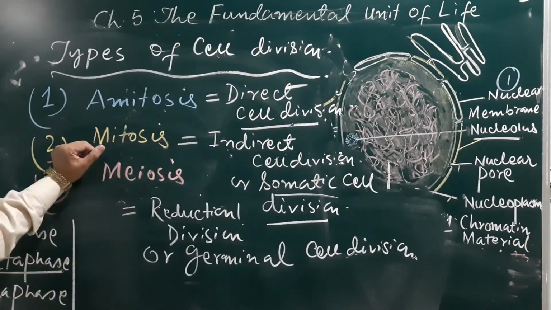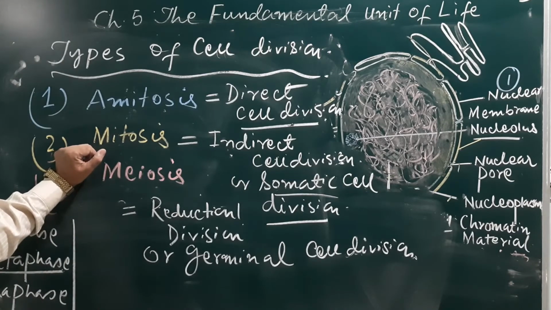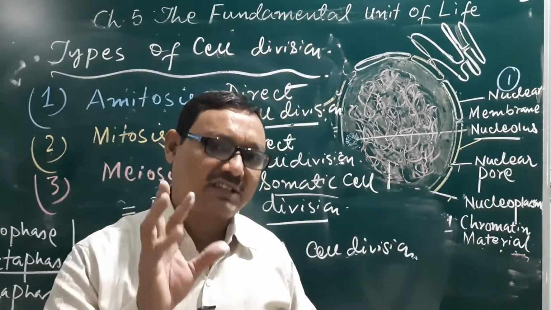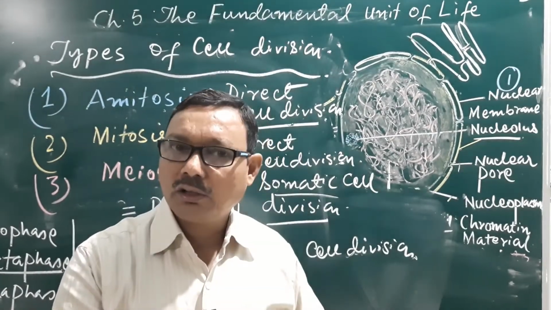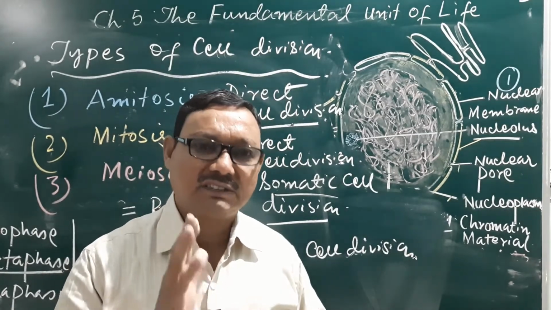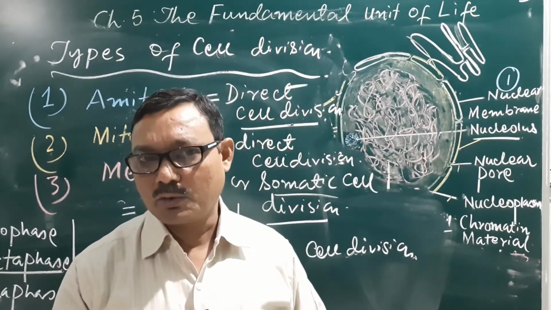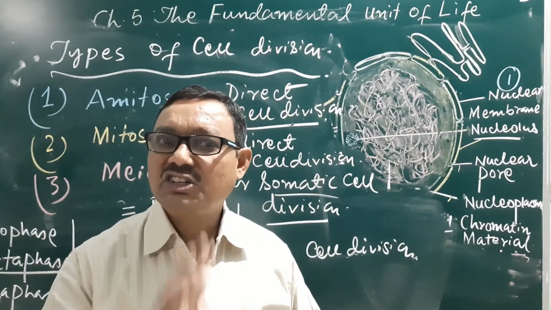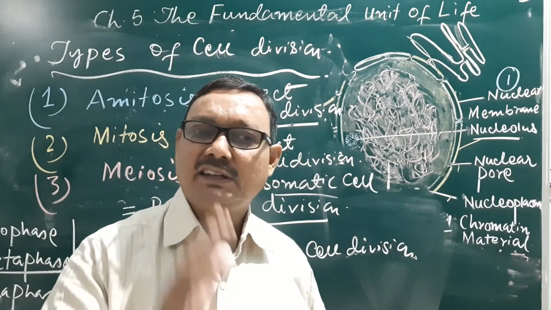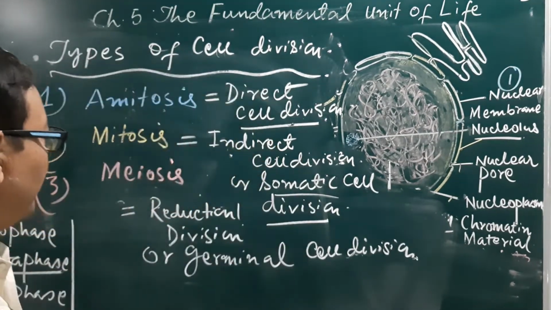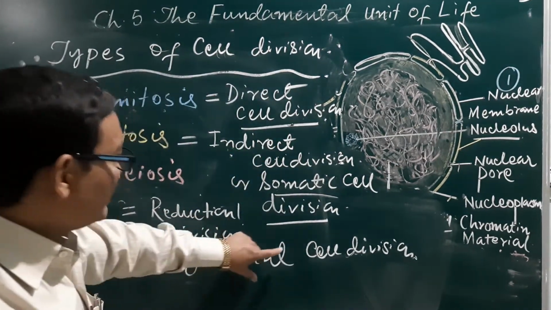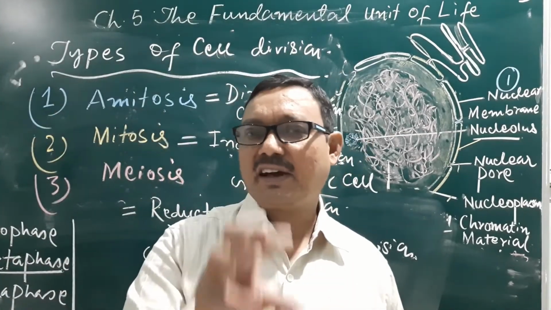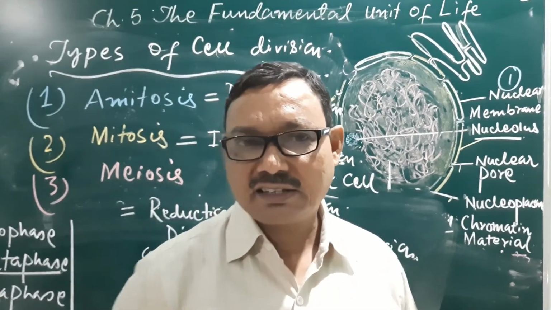After division of the parent cell, 4 daughter cells are formed, and in all these 4 daughter cells the number of chromosomes will be half in comparison to that of the original cell. That is why it is known as reductional division, and as it occurs in the reproductive cells, it is also known as germinal cell division.